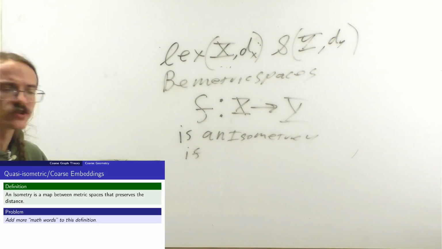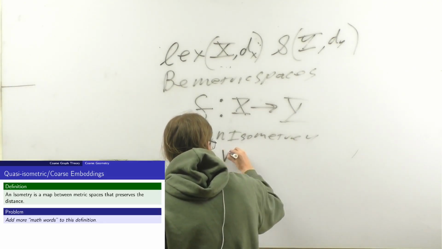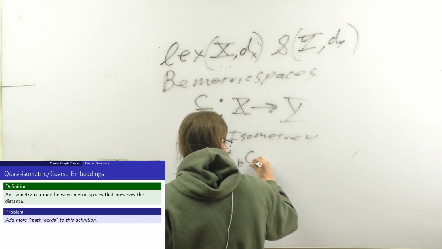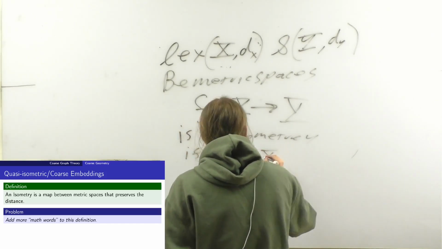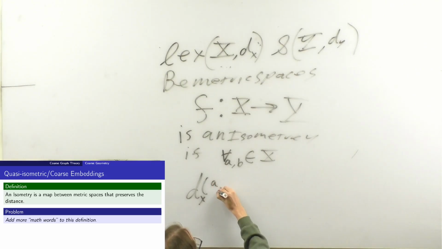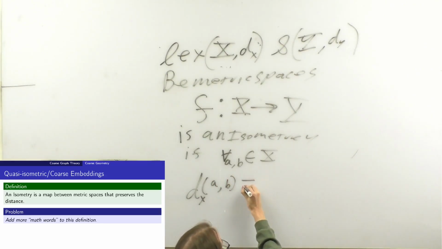So f is an isometry if the distance is the same. So I need to pick for all possible pairs of points, let's call them A and B in X, we have that the distance in X from A to B has to be kept the same.